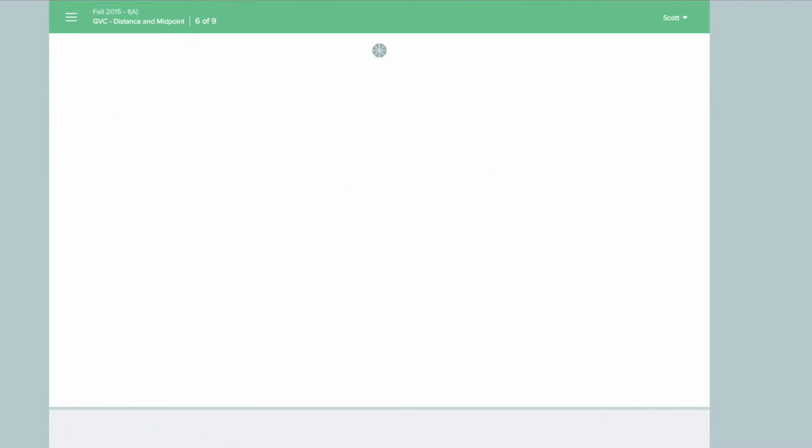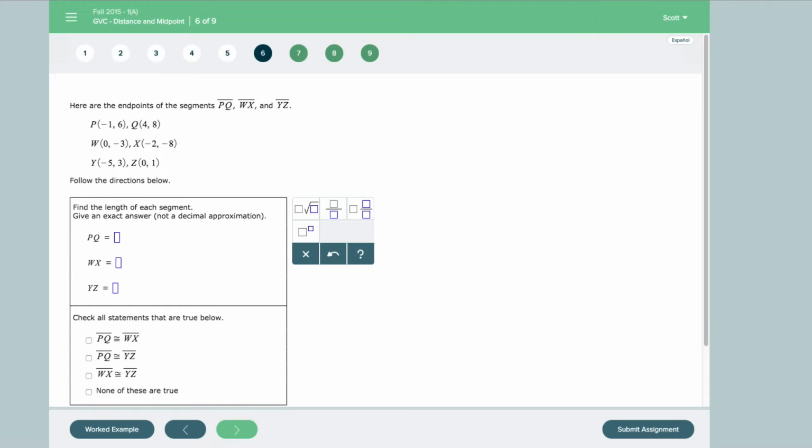Number 6. This is the same as the others. It wants the distance. Okay, here's the endpoints. Follow the directions. Give an exact answer. Find the length of each segment. That's the distance. So we want x minus x and y minus y. So 4 minus a negative 1 is 5. 8 minus 6 is 2.